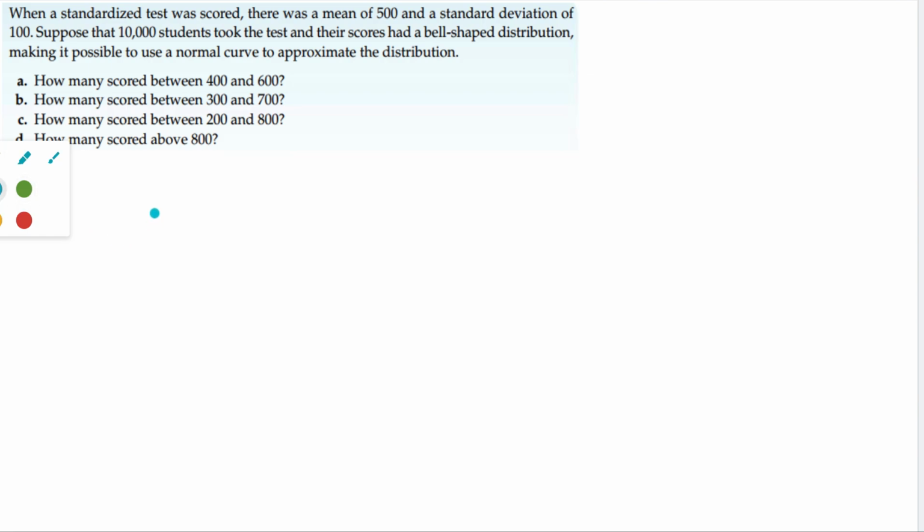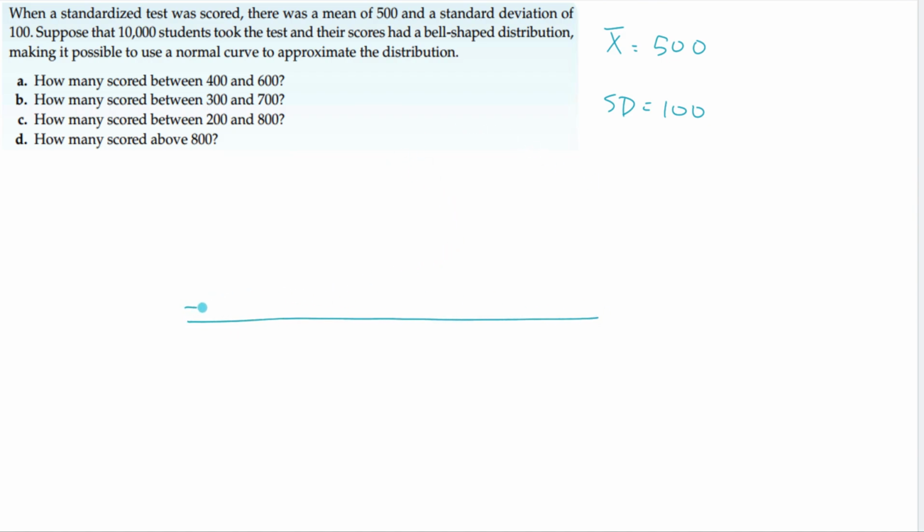Okay. So we have a mean of 500. The mean is 500. And the standard deviation is 100. So when we have one standard deviation, we know in the bell-shaped data, it's symmetrical, and right in the middle is the mean, right?